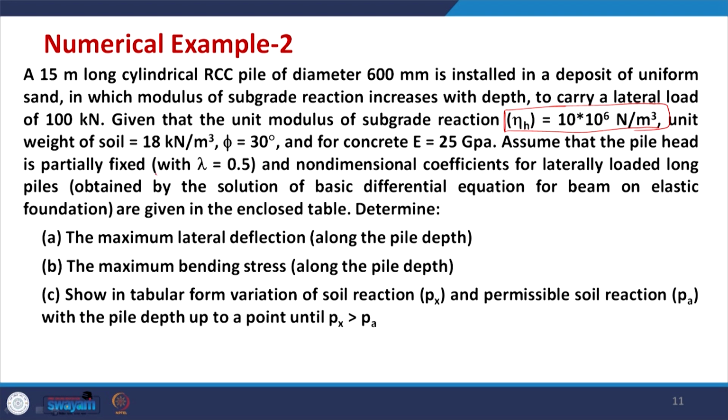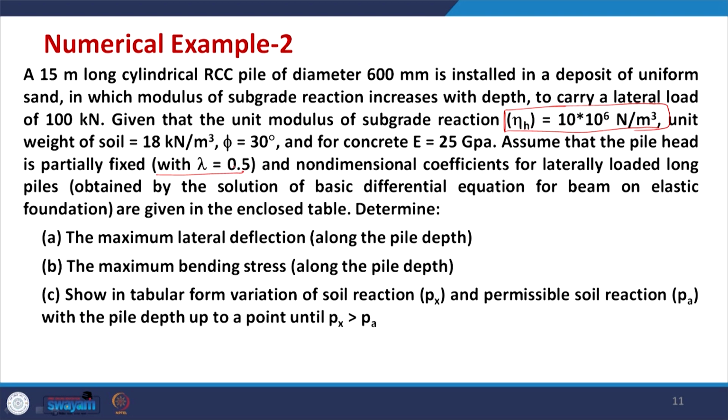So, in this example also lambda is 0.5 and known dimensional coefficients for laterally loaded piles obtained by the solution of differential equations have been given as here. Then first thing: maximum lateral deflection along the pile depth, maximum bending stress along the pile depth shown in tabular form, variation of soil reaction and permissible soil reaction with the depth up to a point until Px is greater than Pa.